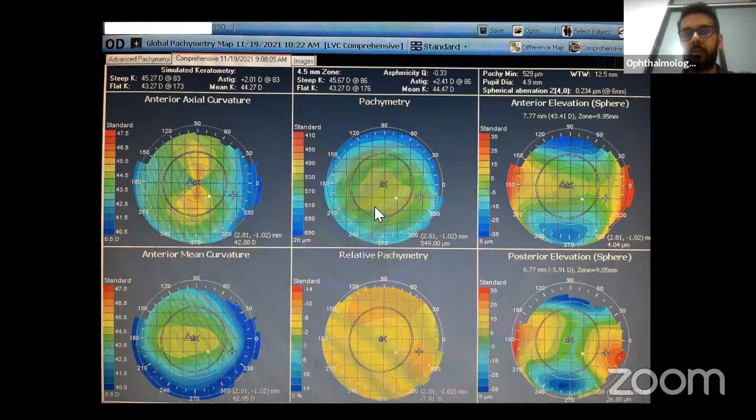So it's well within normal limits. Relative pachymetry is almost again the same shade between the central 3 mm optical zone, and it's about -2, which is okay, within normal limits, ma'am.